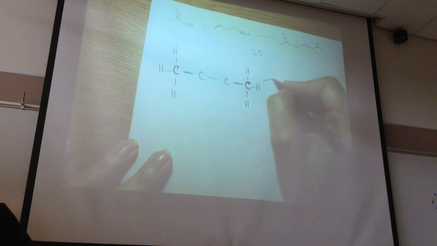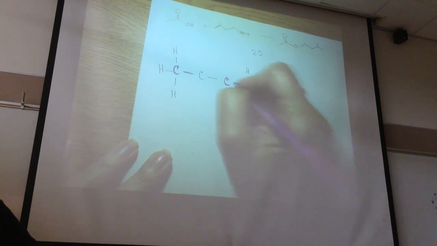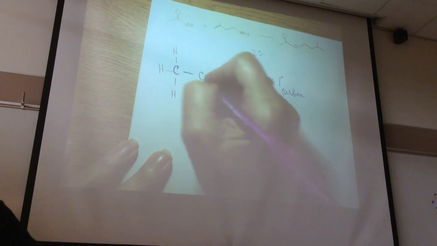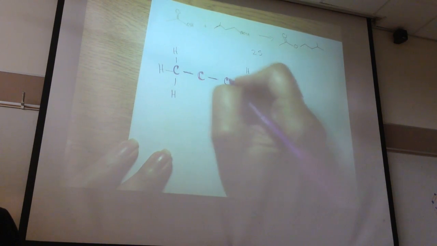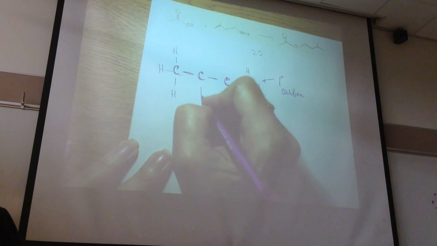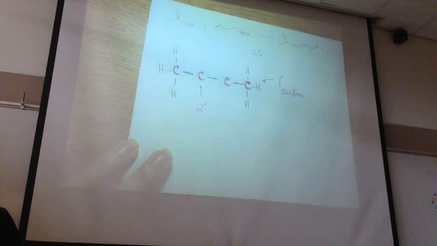So that's called a primary carbon. When your carbon is in here, and that carbon is bonded to 1 carbon and 2 carbon, and this carbon is bonded to 1 carbon and 2 carbon, those carbons are called secondary carbons. So you're called a secondary carbon if you're bonded to 2 carbons.